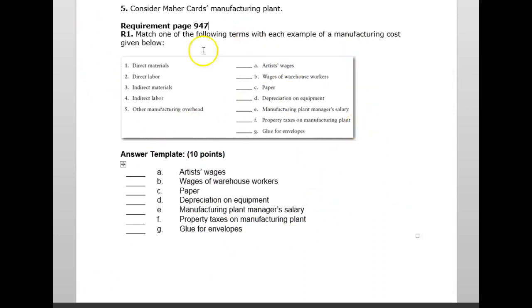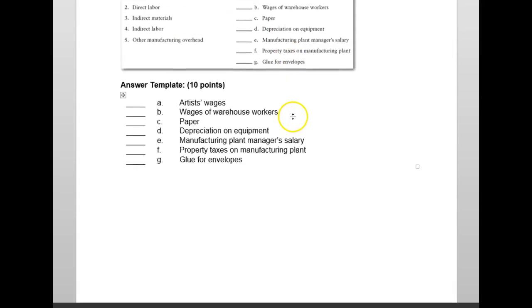So you will take and place a number in the appropriate area. These direct material, direct labor, indirect material, indirect labor, and other manufacturing overhead are all discussed on page 947 in the book. So that should help you considerably. They're also in the margin, which is very nice. Will help you decide what goes where. If you get to a point where you're scratching your head, please message me and I'll help you walk through that a little bit.